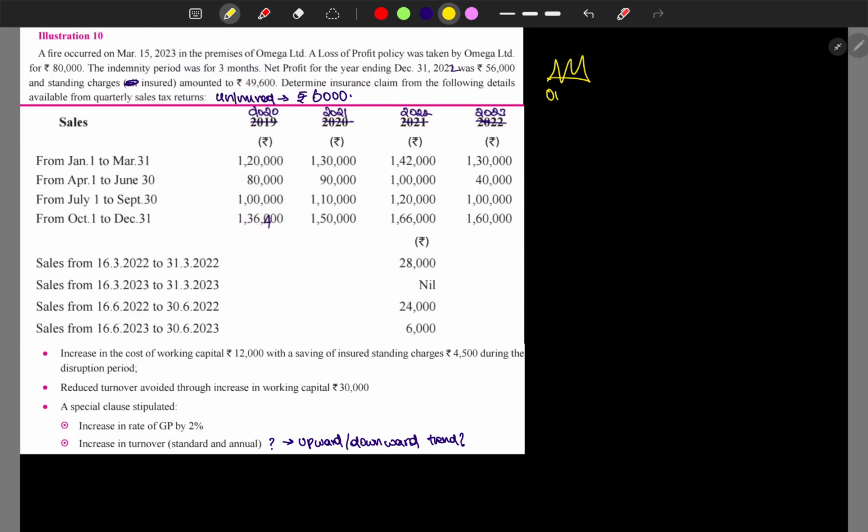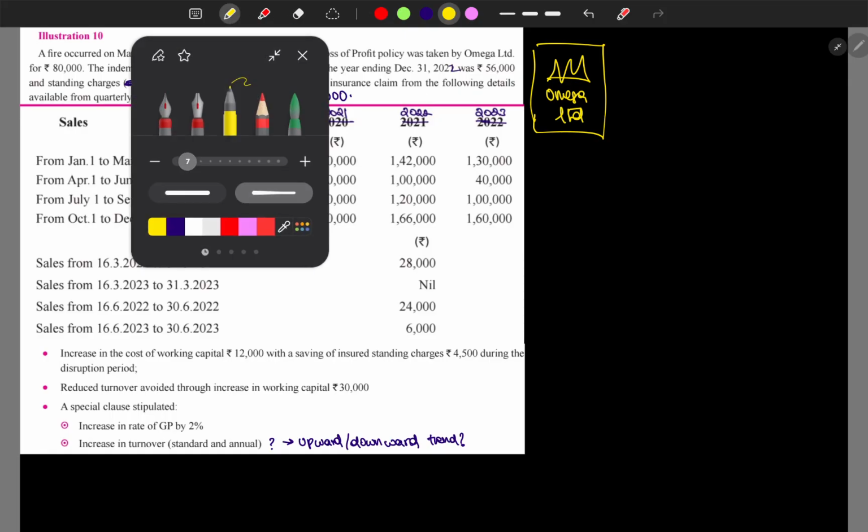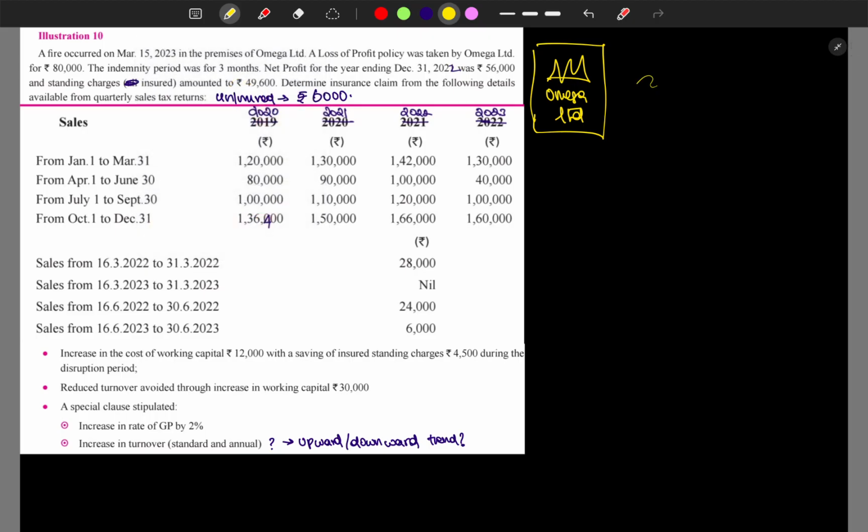That's our sole motive. So what they are trying to convey to us is: Omega premises, Omega Limited. Fire date is March 15, 2023. Policy amount given is 80,000 rupees.